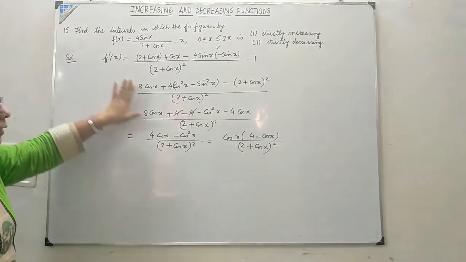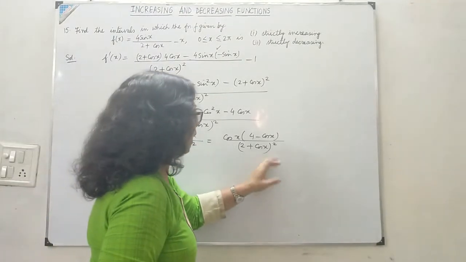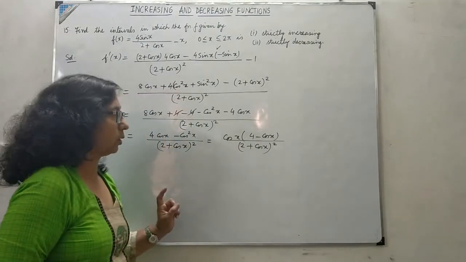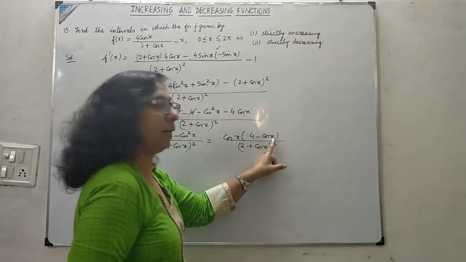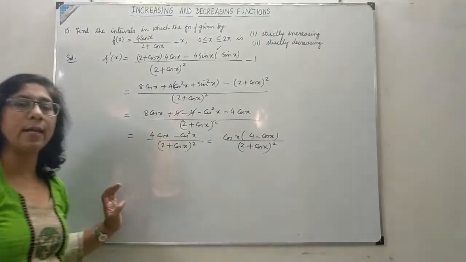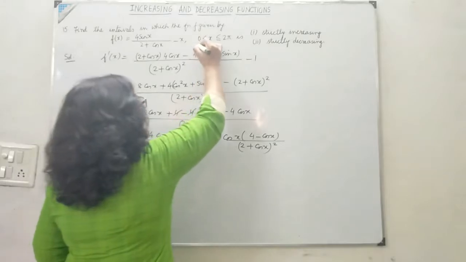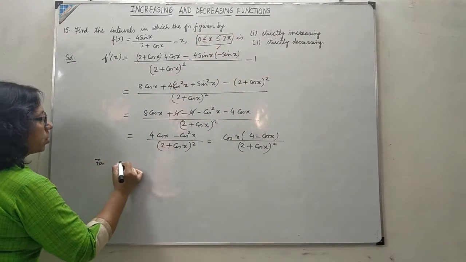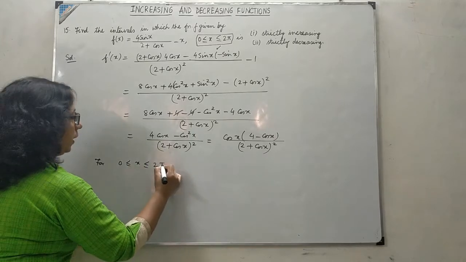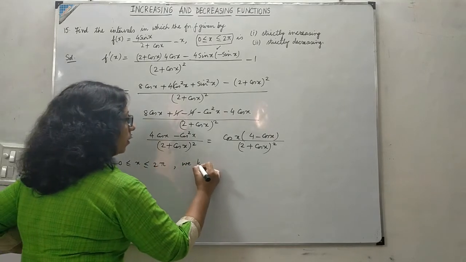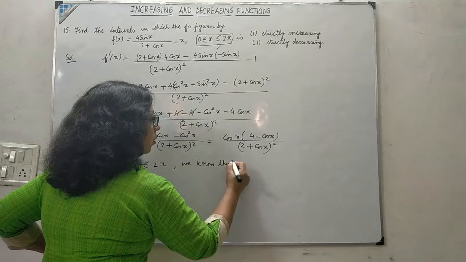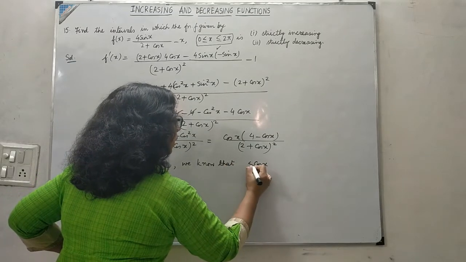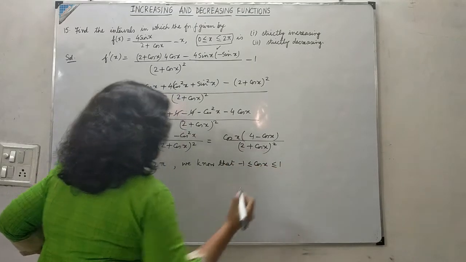Now, we have got the derivative, and we can see that this denominator is always positive. And I know that this value cos x is always lying between minus 1 to 1, and we are also given the interval, so I can write for 0 less than x less than 2 pi, cos x is always lying between minus 1 and 1.